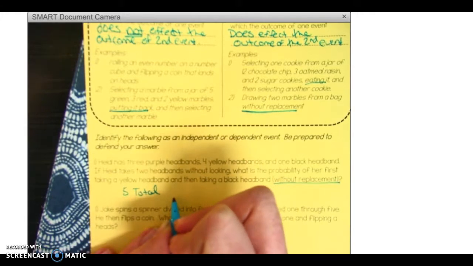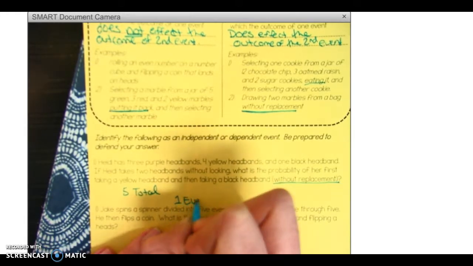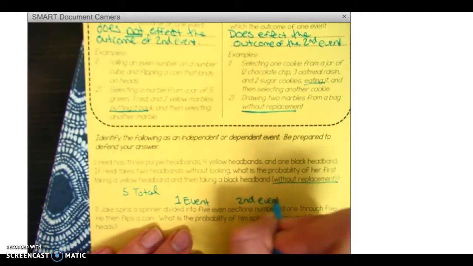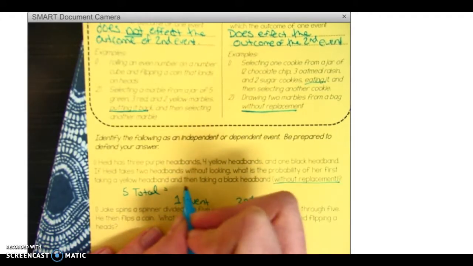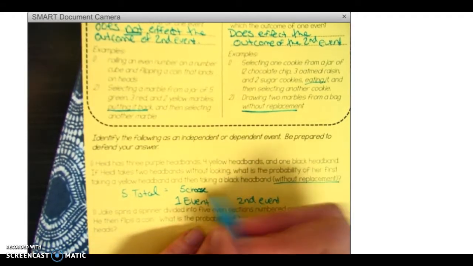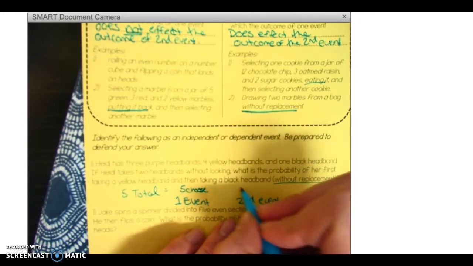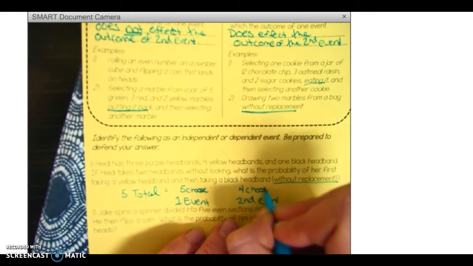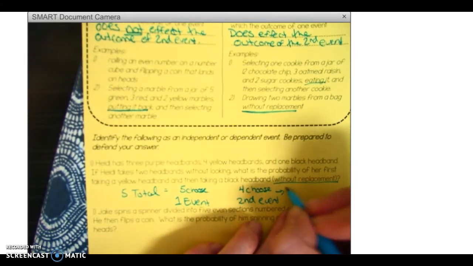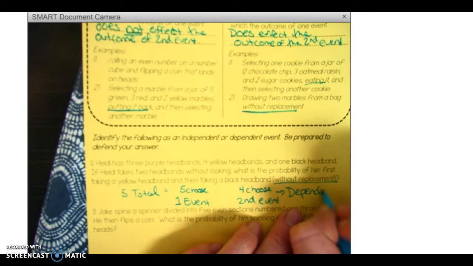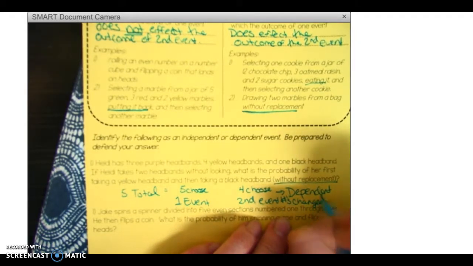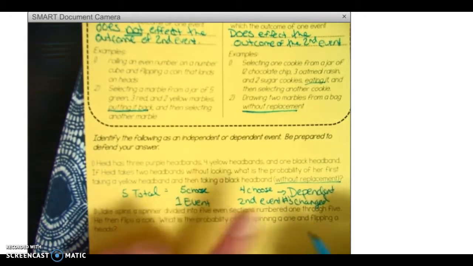She has 2 events, the first event and then the second event. She has 5 to choose from in the first event. But if she takes one out and doesn't put it back, she only has 4 to choose from. So since my numbers changed, this is what we call a dependent event. I went from 5 in the bag to only 4.